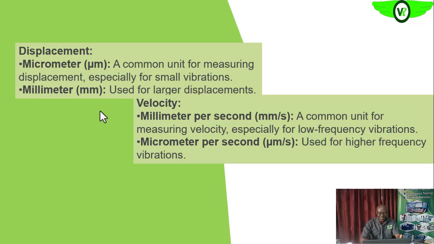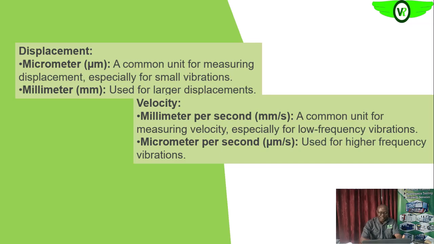Then the velocity, which is usually a common unit, okay, for velocity measurements. They are for low frequency vibrations, like we said earlier, okay. Then we have the micrometer per second or micron per second, okay, and that is used for high frequency vibration.